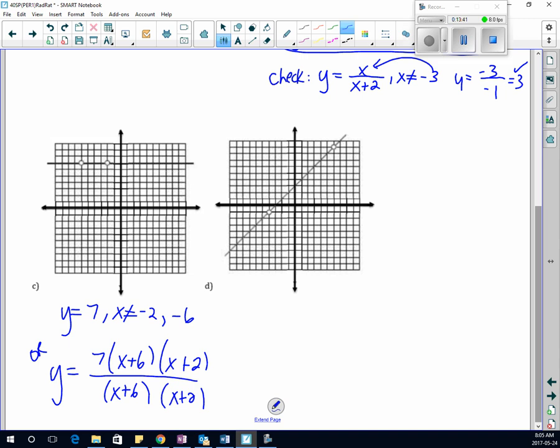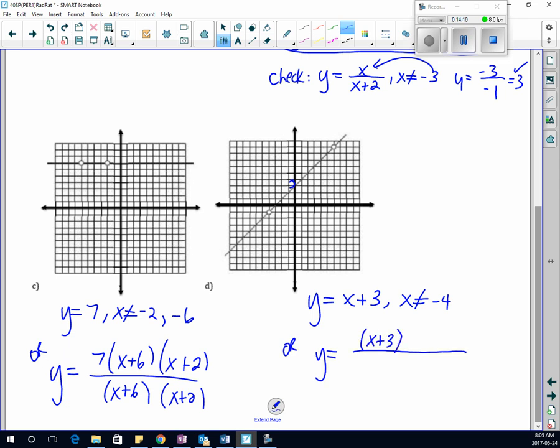Again, this one's a nice one where you can have an easy, if you know what the equation of this line is, this is a y-intercept of 3 and a slope of 1. So y equals x plus 3. x cannot equal 3 and negative 4. As easy as that. Or you can write this as the rational, which would then be, you have to have the x plus 3 to get the line.